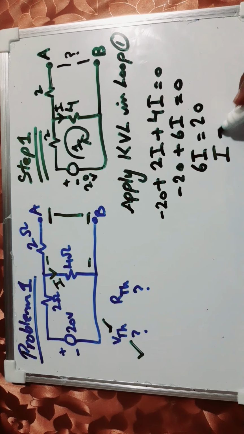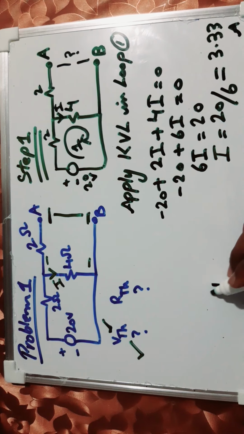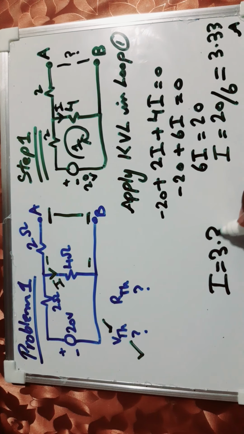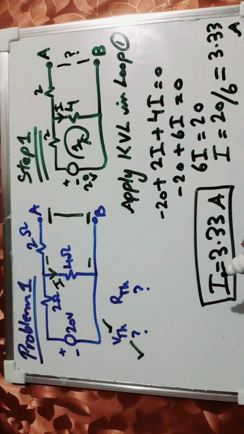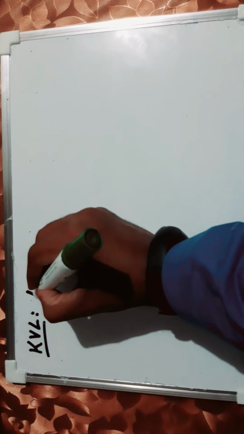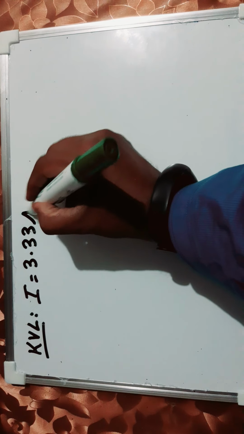So our I is equal to 20 by 6, that is equal to 3.33 ampere. So from applying KVL we get our I value, that is 3.33 ampere.